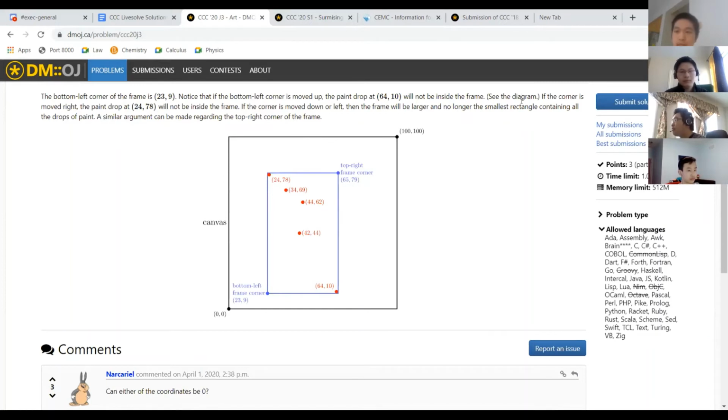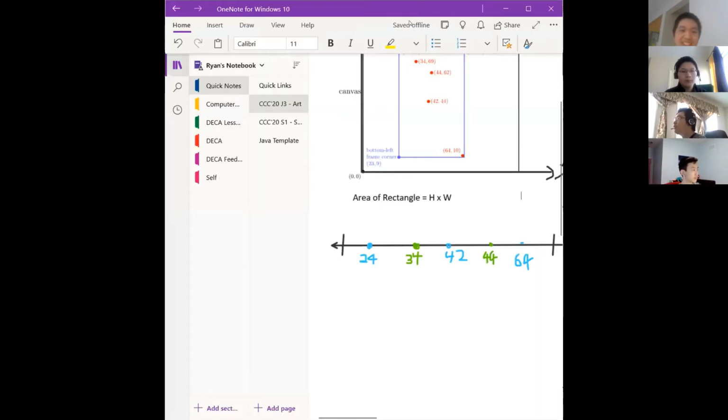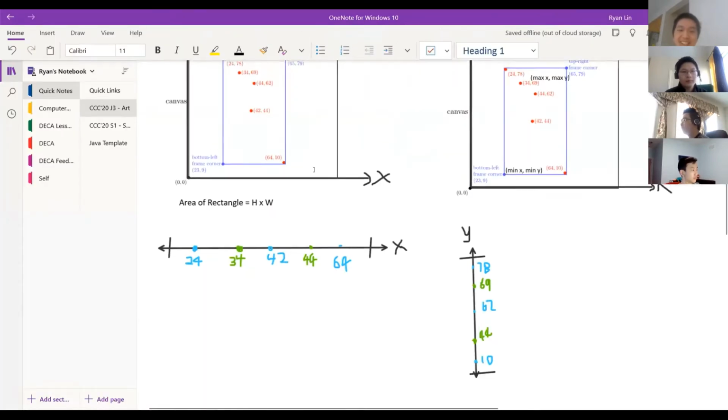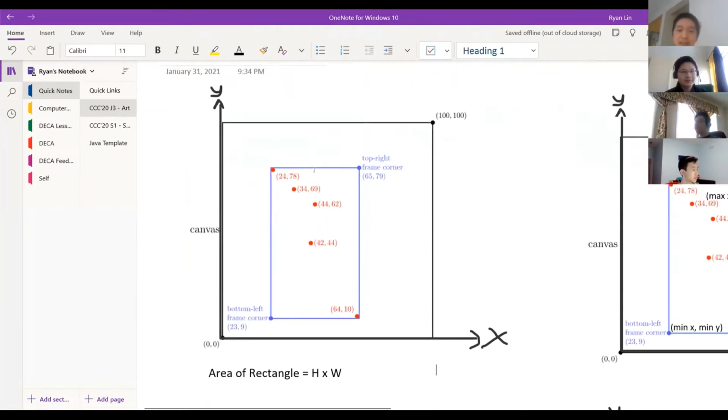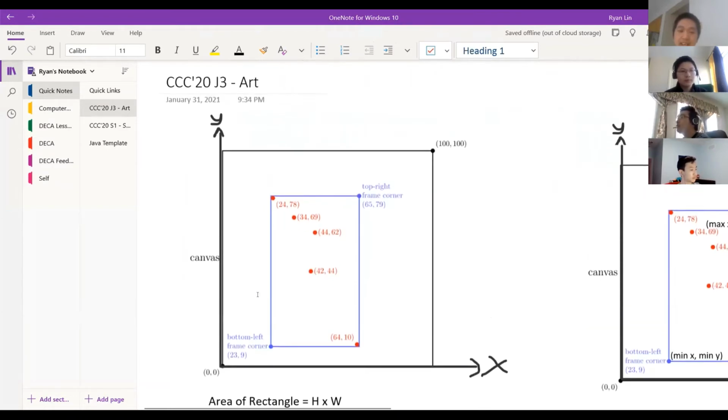So let's take a look at how we can approach this problem, and I'll share my screen of my OneNote. All right, so this is what I did. I just drew an x and y coordinate around it so that you know where the axes are, right? And the first thing you want to do is understand the problem.